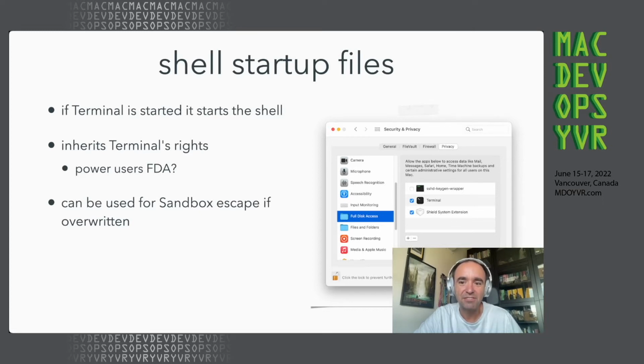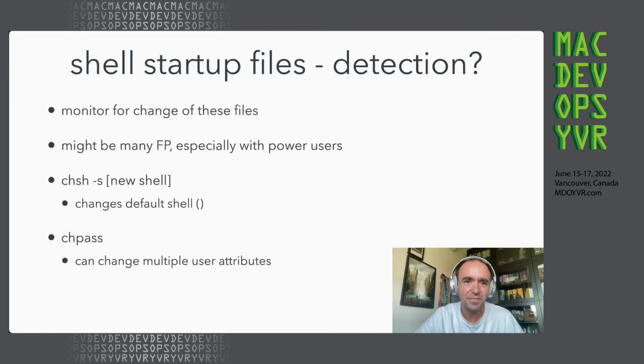So if we gave Terminal any privacy exception, for example, full disk access, which I believe is very common among power users, the shell environment will inherit these rights, and we can potentially use it for a TCC bypass. Also, if we find a way to overwrite one of these startup files, we can also escape the sandbox because Terminal is not sandboxed.